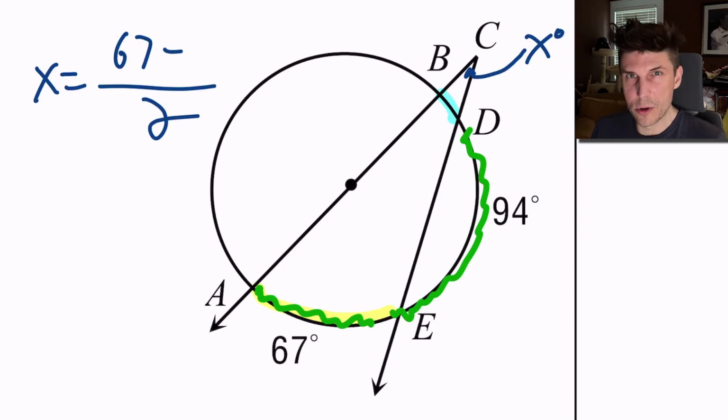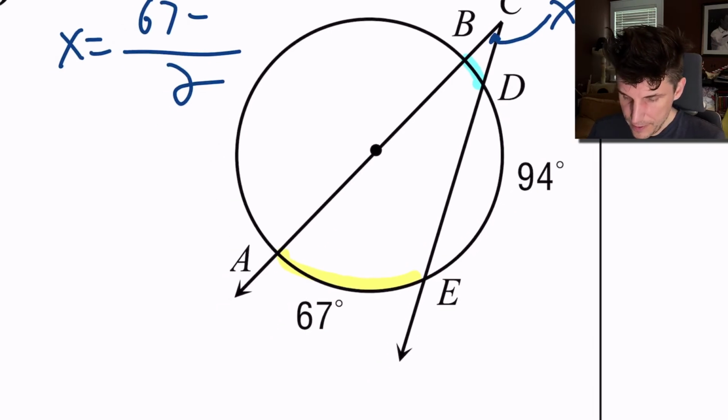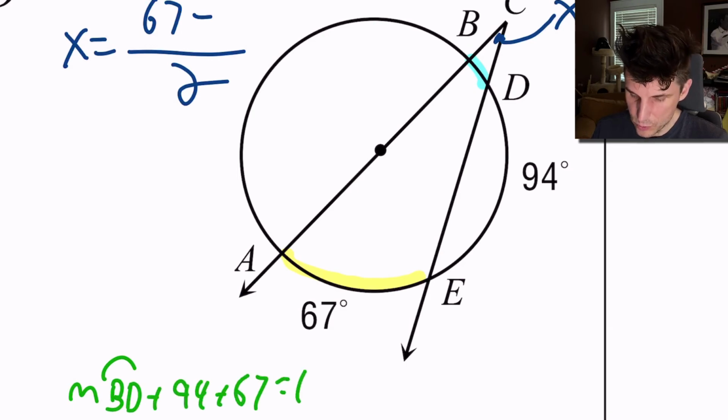So all 3 of those arcs should add to 180. So a little side mission for us is we need to find the measure of arc BD, plus 94 plus 67 equals 180.